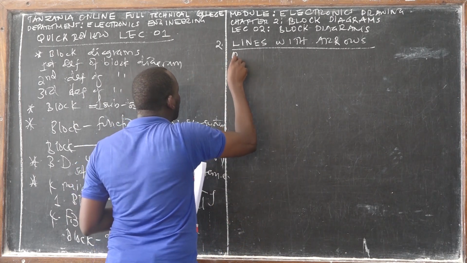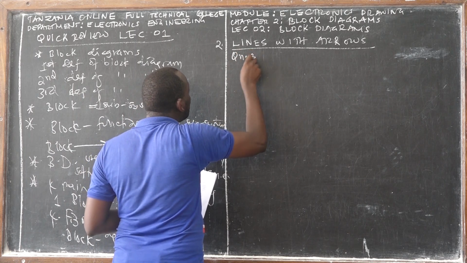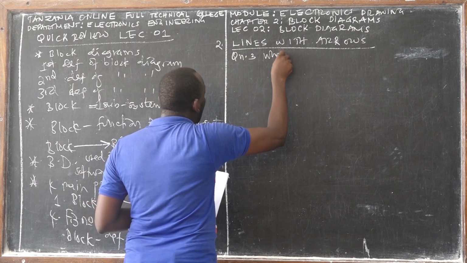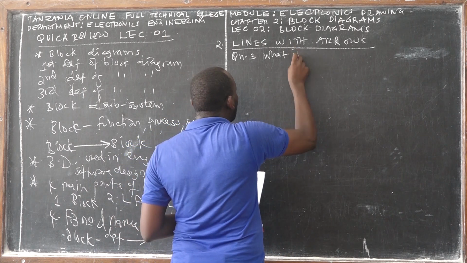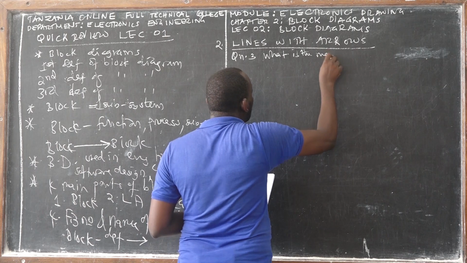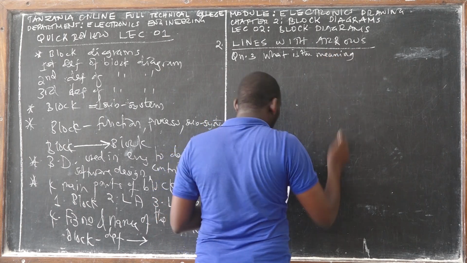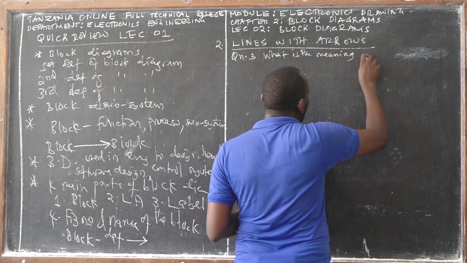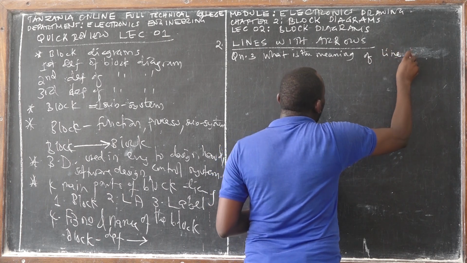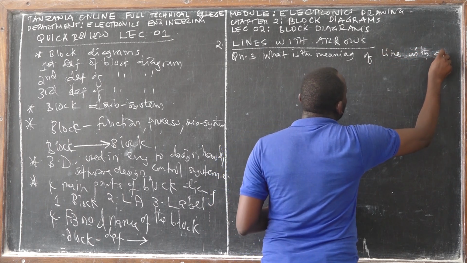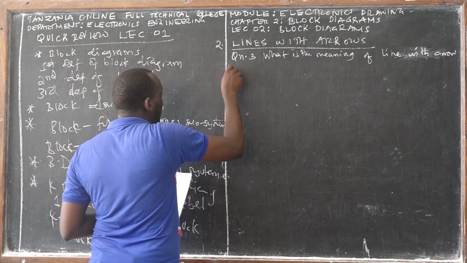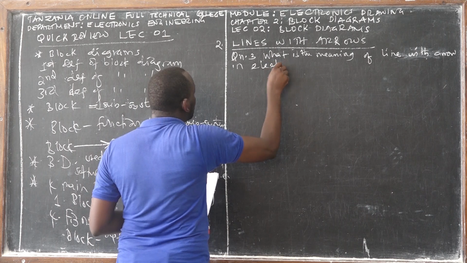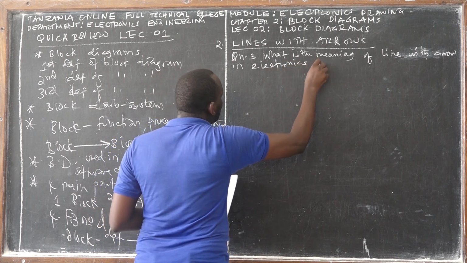So the fundamental question, let us understand and let us ask ourselves what the meaning of this terminology is. What is the meaning of a line with arrow in electronics drawing?